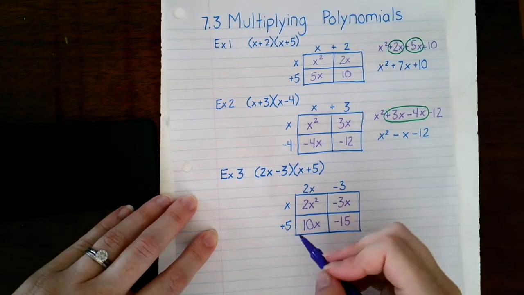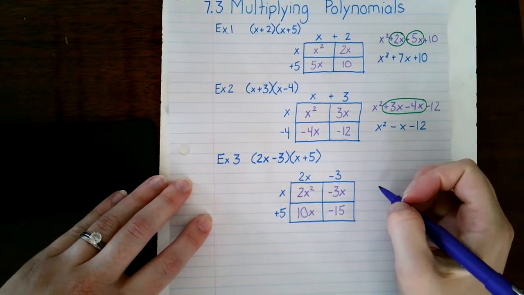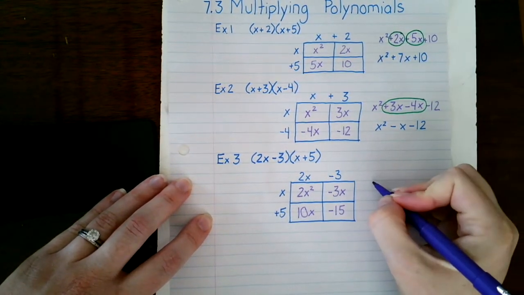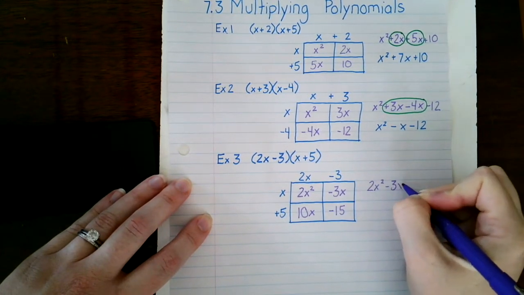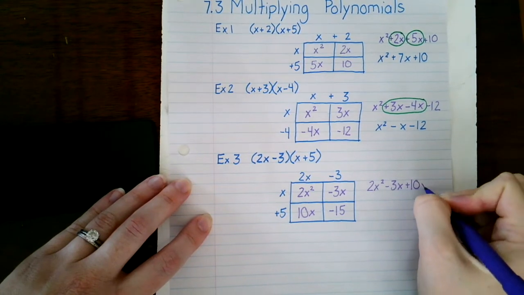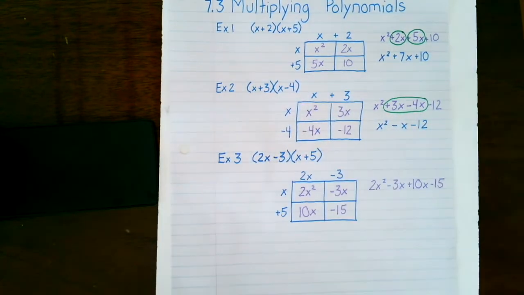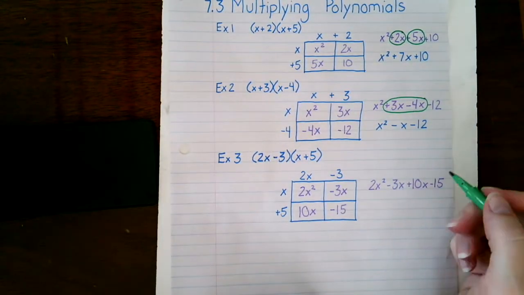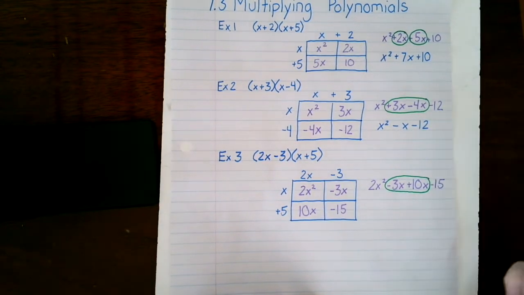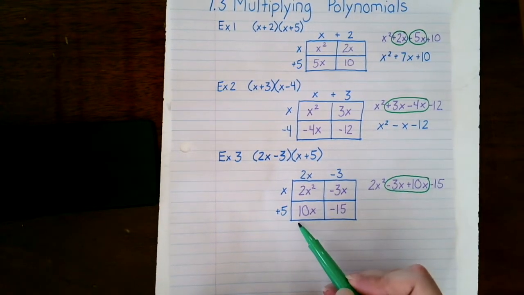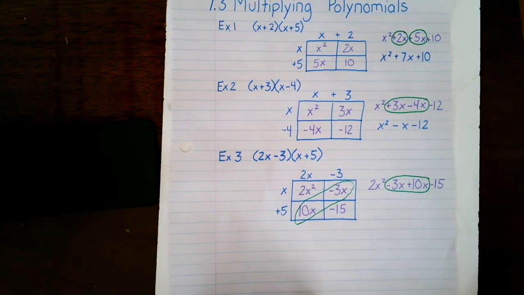So after I've made sure I've done all my multiplication, then again, off to the side, I'll go ahead and write everything from the middle. So 2x squared minus 3x plus 10x minus 15. And again, I can combine my x terms together. So you might be noticing that you see them right here in this diagonal, that this diagonal here can get combined together.